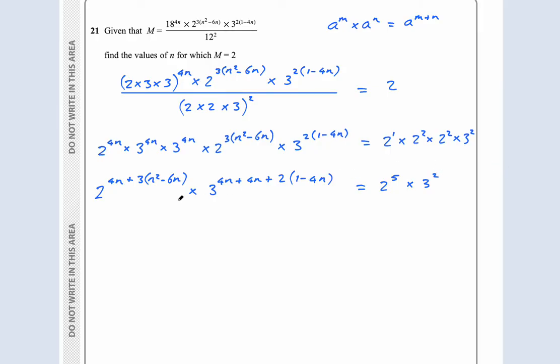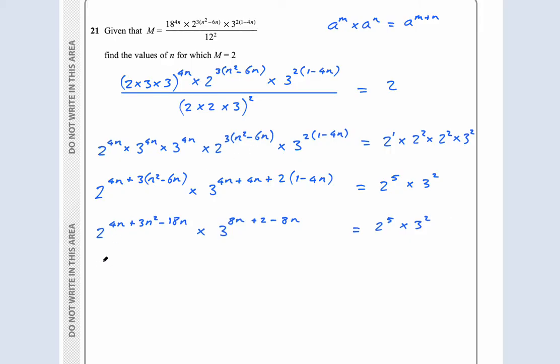Okay, then I'm going to say 2 to the power of 4n, I'm going to multiply this out, plus 3n squared minus 18n, that's just multiplying out the bracket, times 3 to the power of 4n plus 4n is 8n, multiply out the brackets, plus 2 minus 8n equals 2 to the power of 5 times 3 squared.